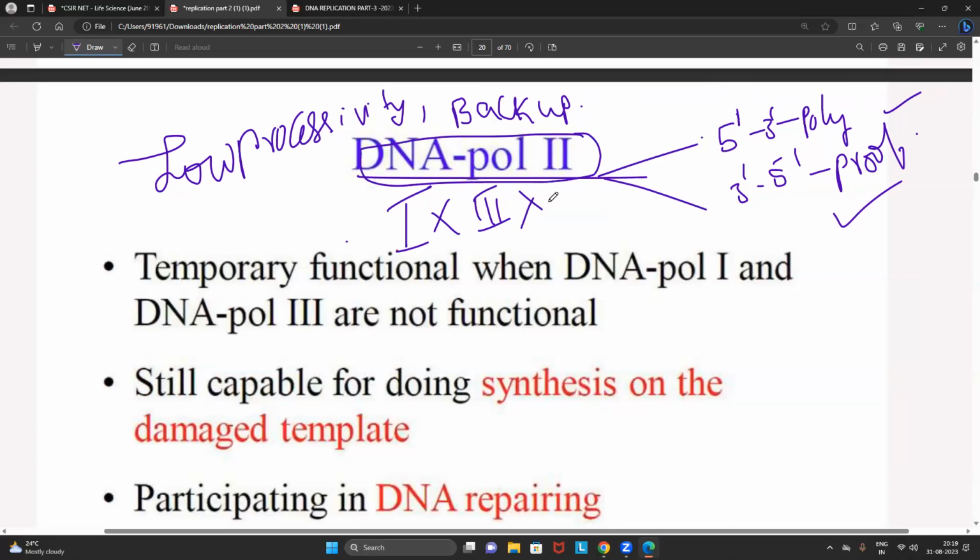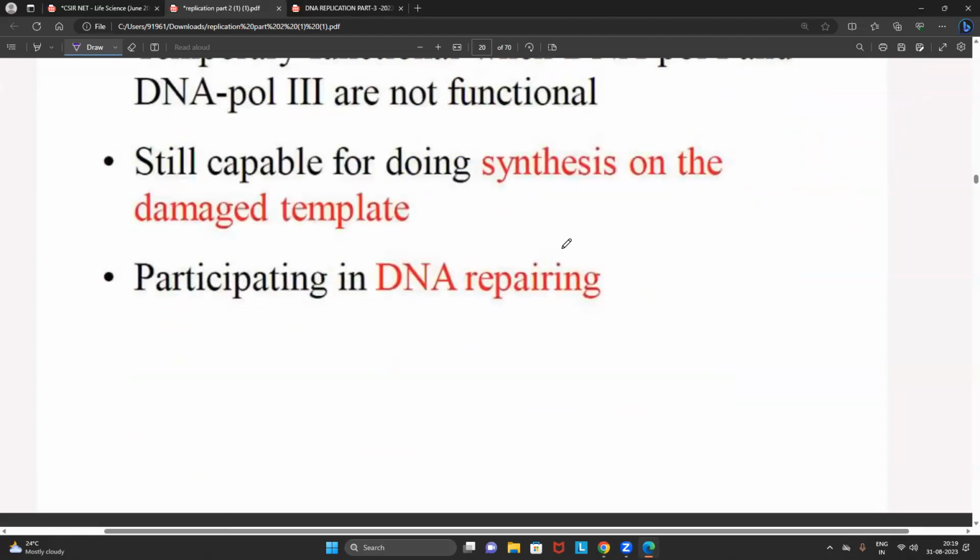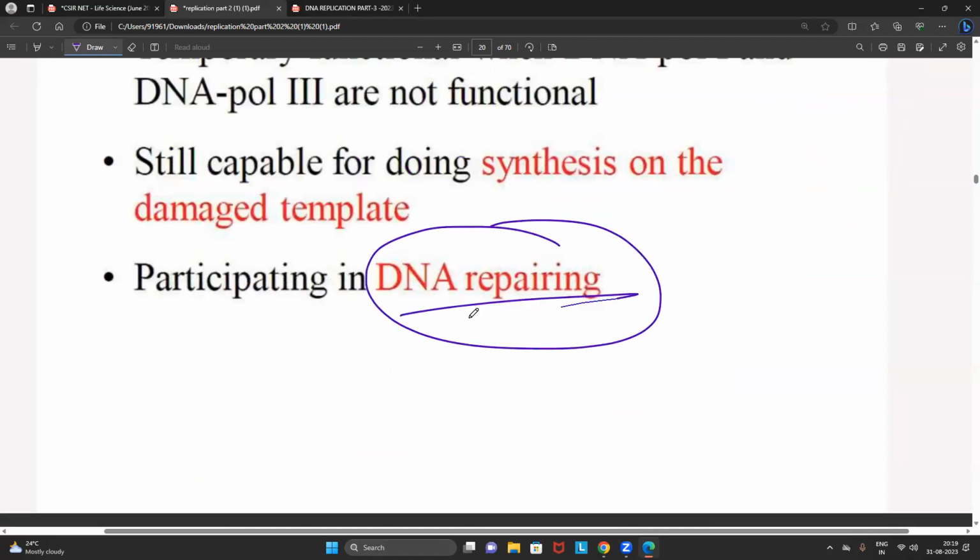So in order to continue replication and proofreading, pol2 comes into the picture. That's why we call it a backup enzyme. It also participates in DNA repair, but not efficiently. The only enzyme that plays a key role in DNA repair is pol1.